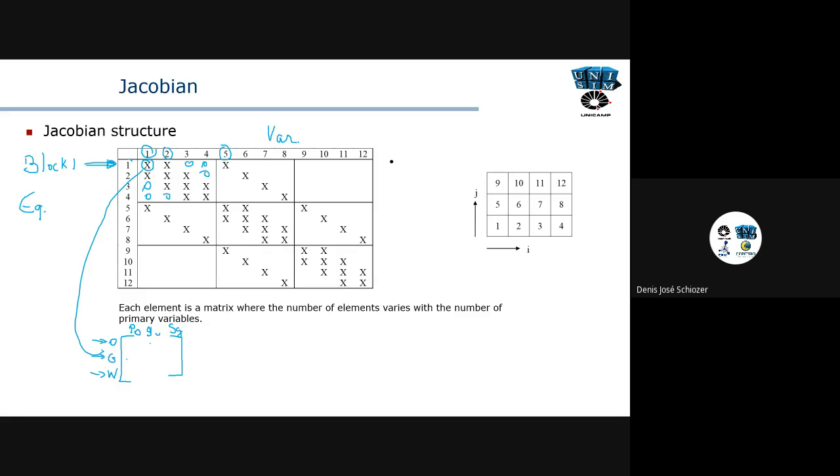But these are zero because of this, for example. Let's assume that we are writing the block 1 conservation equations, and block 1 has two neighbors here, 5 and 2. That's why we have 5 here. The pressure, for example, in block 2 is influencing the amount of mass that's going inside block 1. That's why we have this second term here, because the pressure and the saturations in block 2 will influence the amount of mass.